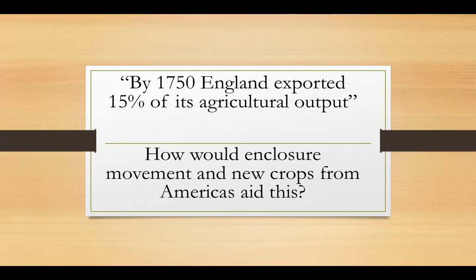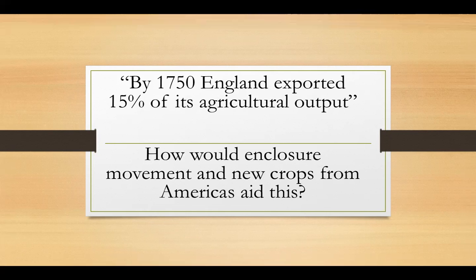So now reaffirm or meld together some of the ideas and tell me, how would the enclosure movement and these new crops like potatoes, like turnips from the Americas or being cultivated in the Americas aid this?